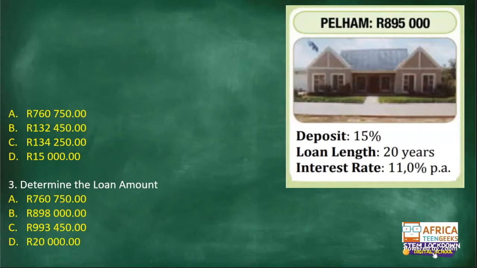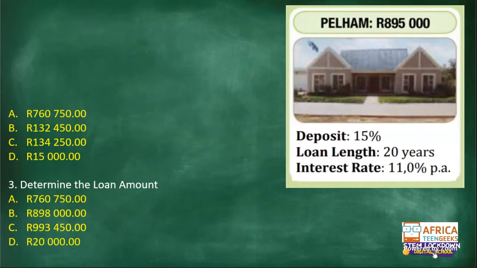So the second one was, of course, to determine the amount of the loan. Now that you have paid the deposit of 15%, the amount of the loan will be different. In other words, the amount will be reduced from 895,000. So you take the full value of the house, you subtract the deposit amount.